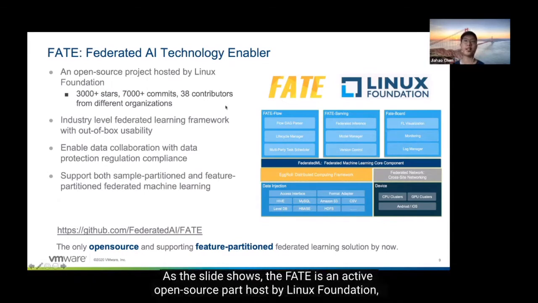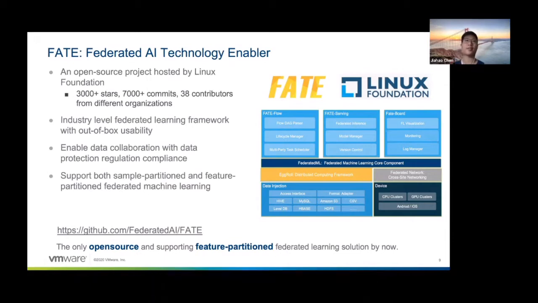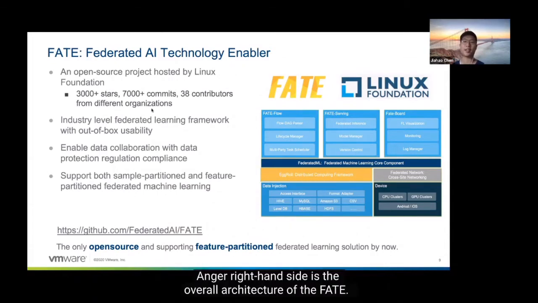As the slide shows, FATE is an actively developed open source project hosted by the Linux Foundation. It supports both horizontal and vertical federated learning. FATE itself is a distributed system which is composed of multiple services.